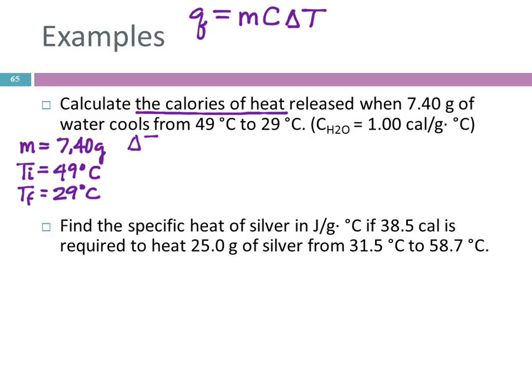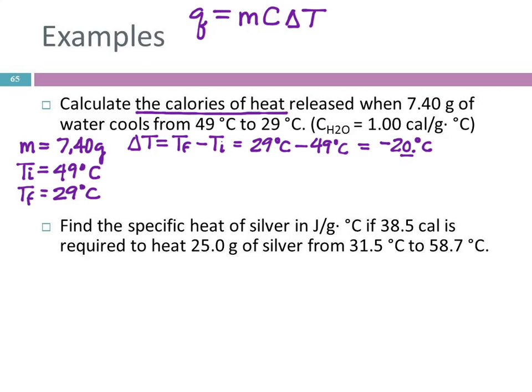Delta T equals the final temperature, TF, minus TI. So the final temperature is 29 degrees Celsius. The initial temperature is 49 degrees Celsius. And that gives us minus 20 degrees Celsius.